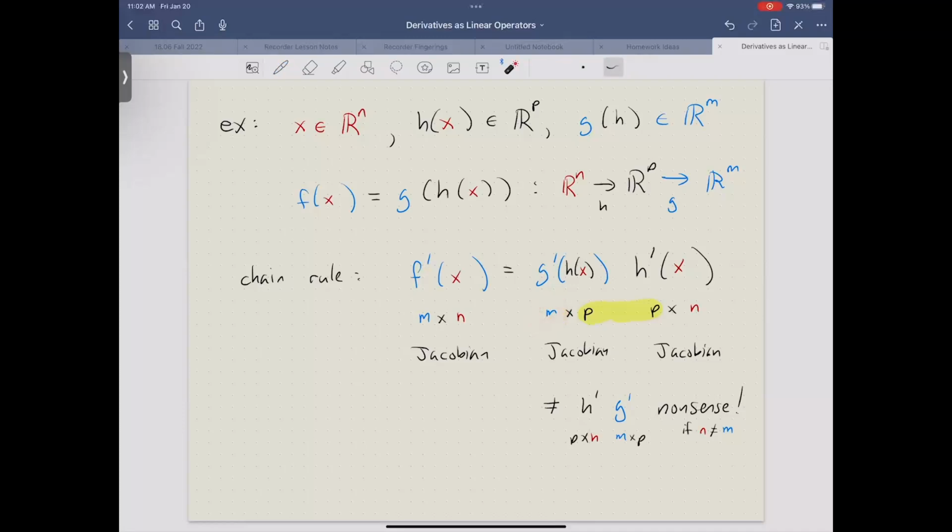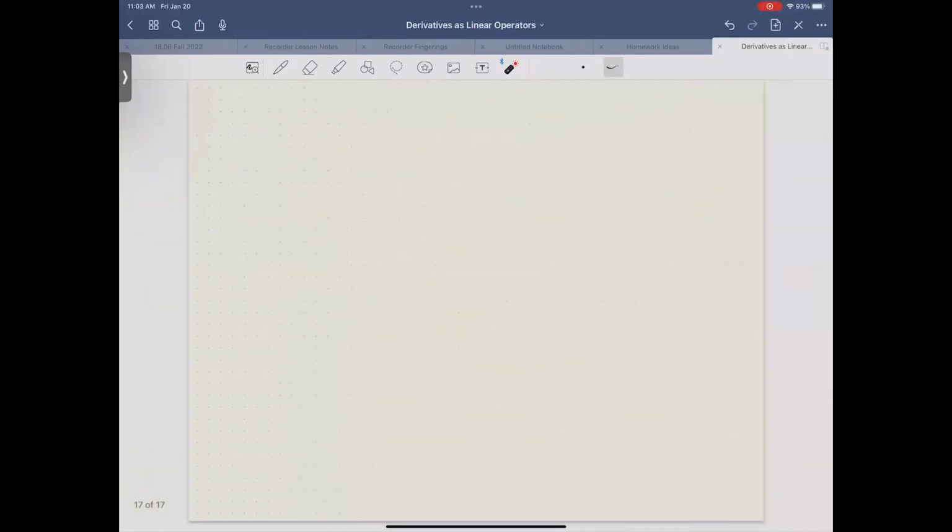Where the outputs are here, then the outputs of h are there, and then the inputs are finally there. So not only does the order matter, but the associativity matters practically.